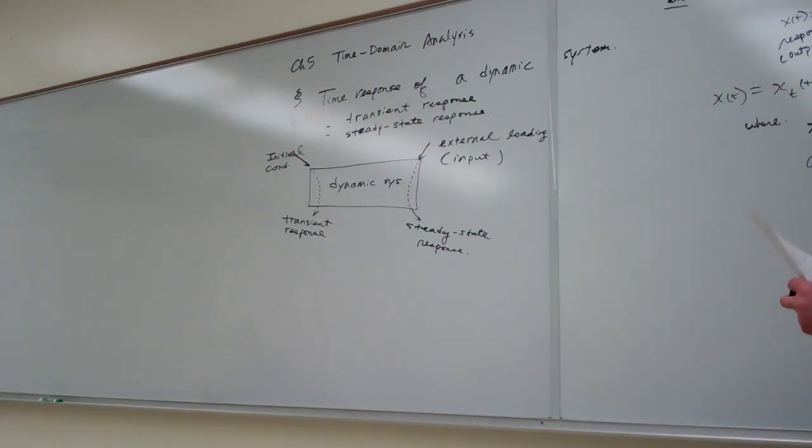So s is equal to minus 1 plus or minus 2j, and those are the roots. Therefore x transient will be equal to e to the minus t times a cosine 2t plus b sine 2t. Hopefully you remember the way we did it.